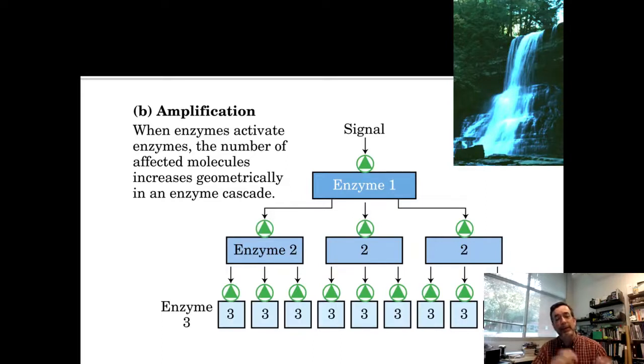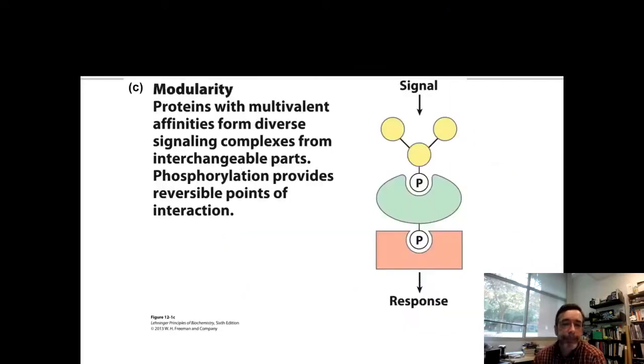So enzyme 1 activates 3 more enzyme 2s. Each enzyme 2 activates 3 enzyme 3s. And you can see from this, you can have one signal that results in 9 activated enzymes from just this simple example. So this is called an enzyme cascade because it's spreading out like a waterfall. It's falling down and spreading out. And so they call it an enzyme cascade.